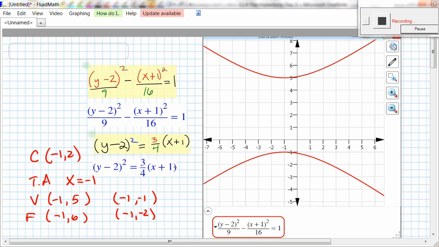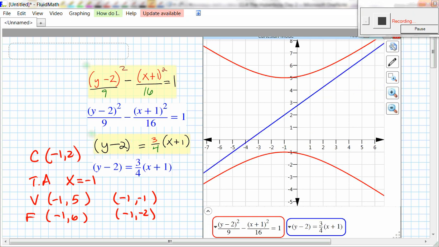Yes. Let's see if this is right. Let's put that on the graph and see how that asymptote behaves. Oh, it's not squared, is it? There we go. Erase that. Hey, that looks pretty good. Where's the other one? The negative of that, right? So can I do plus or minus? Will that work? Oh, yeah, it does work.